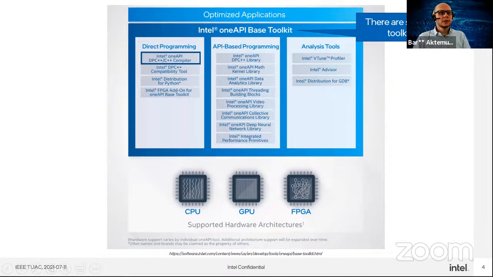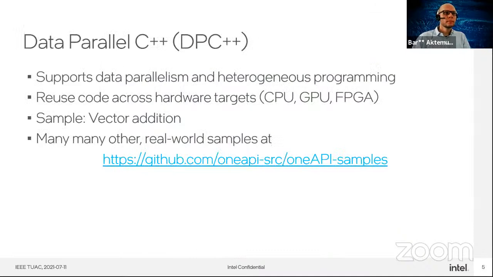So this is what I will be talking about first. Data parallel C++ or DPC++, in short, we can say that it's a language API that supports data parallelism and heterogeneous programming. It allows the programmers to reuse code across hardware targets, ranging from CPUs, GPUs to accelerators.